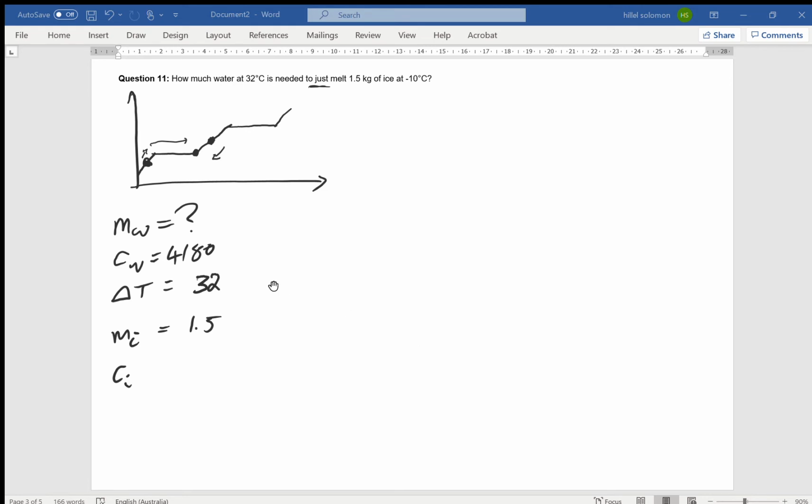And the specific heat capacity of ice is 2.10 by 10 to the 3. And the change in temperature of that ice is from -10 up to 0, so that's a change of 10 degrees Celsius. And for this section of the graph, where it melts, we're going to need the latent heat of fusion. That is 3.34 times 10 to the 5.